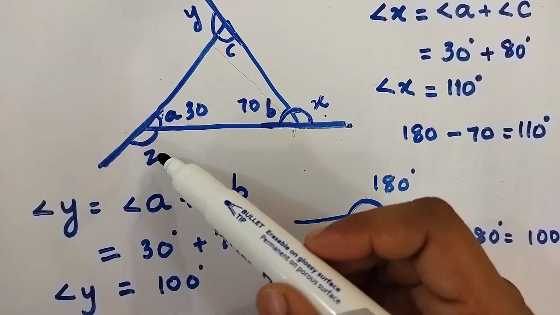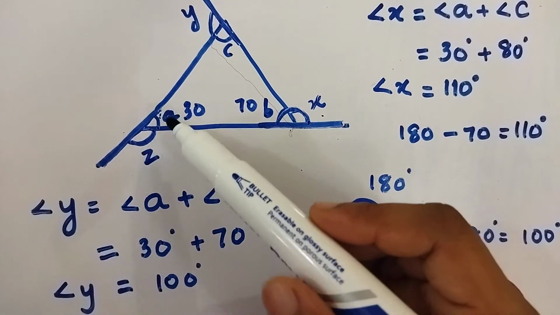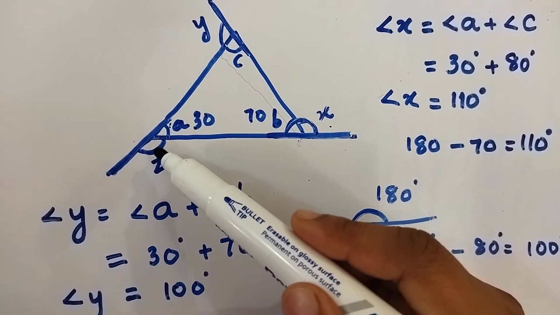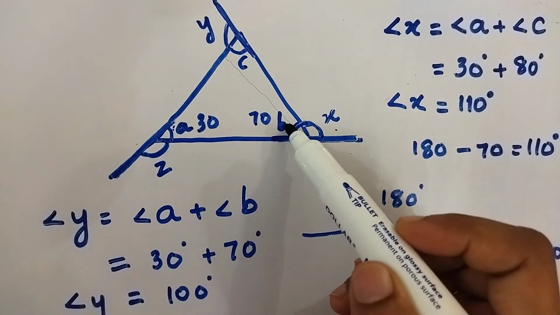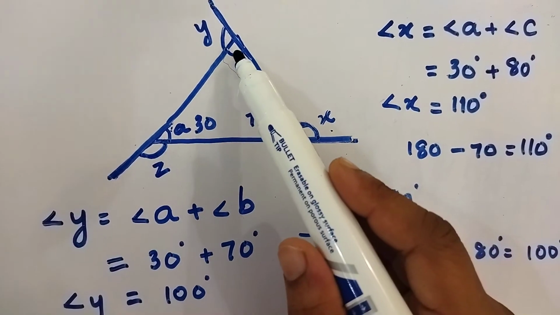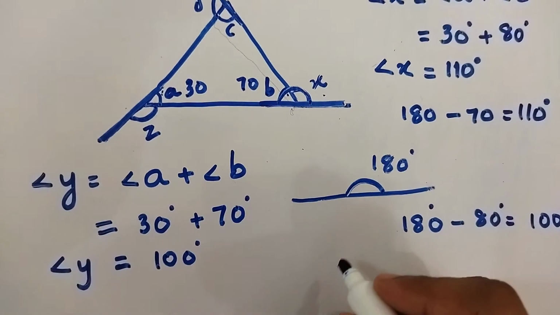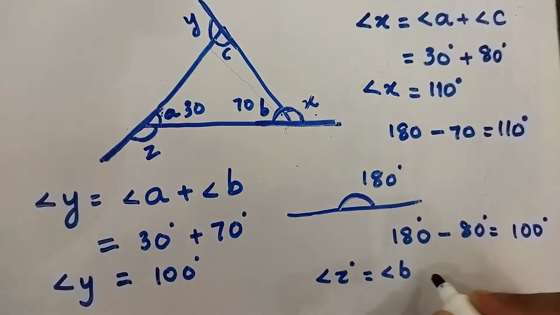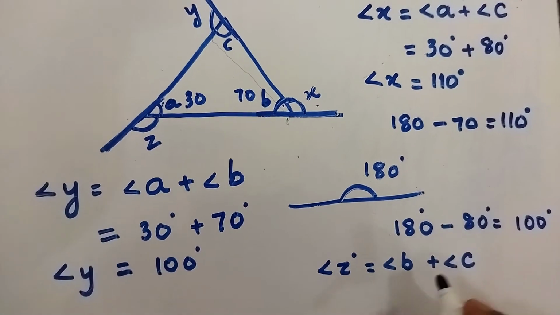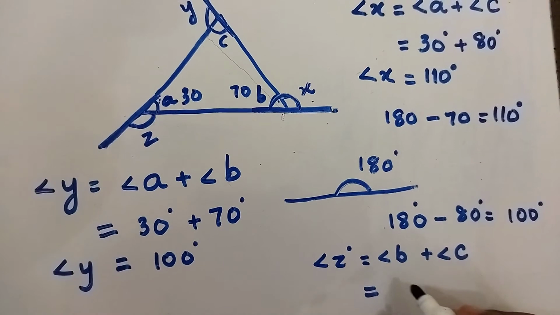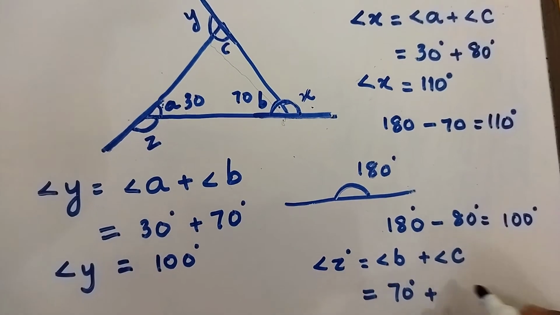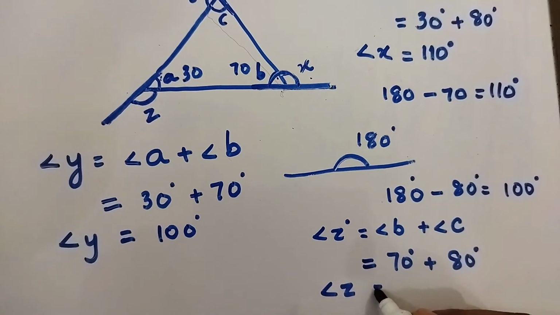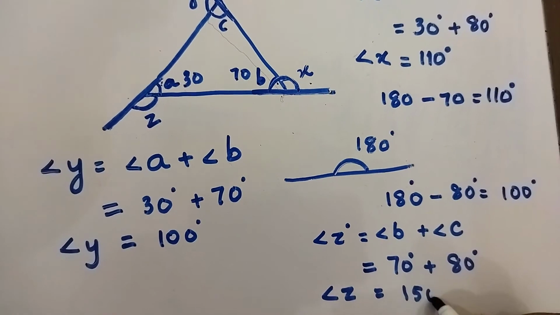Here we have another exterior angle, the third one. So how can we find out the value of angle Z? We will consider now the opposite interior angles of angle Z, that are angle B and angle C. So angle Z is equal to angle B plus angle C. The value of angle B is 70 degrees and the value of angle C is 80 degrees, and the sum is equal to 150 degrees, right?